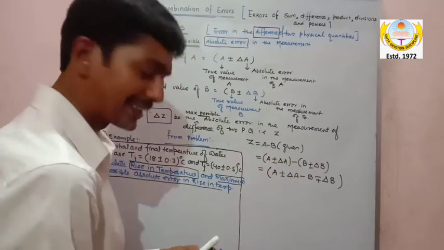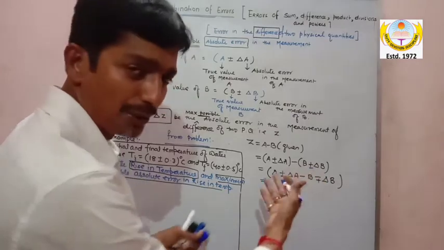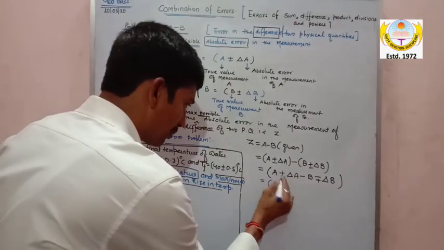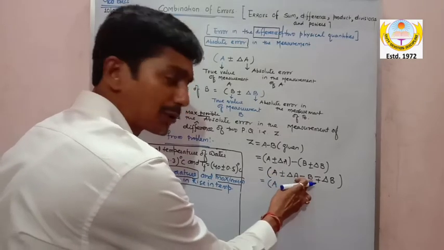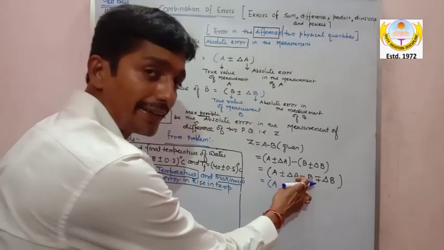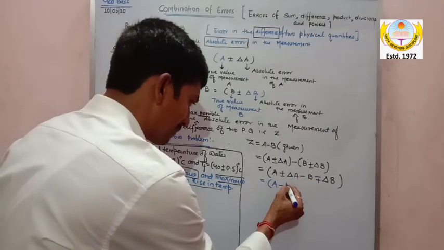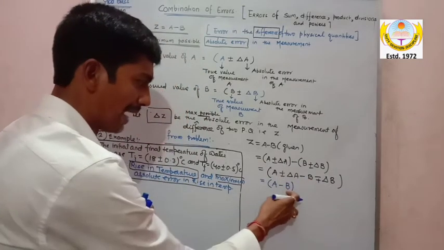So now, my dear, look at the next step. I have done it before also, but now I am trying to show you what I can do. A is the true value of measured physical quantity a, and b is the true value of measured physical quantity b, right? These are the true values. So I have taken a minus b, they are true values.